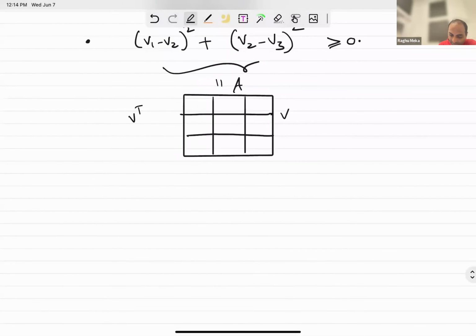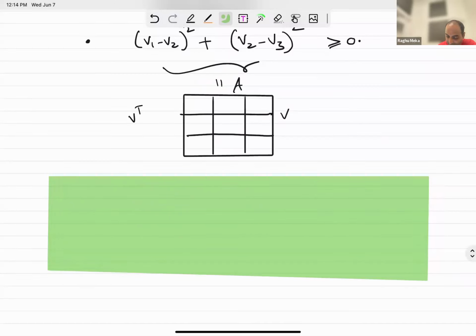In general, there is one category which I think is very important, and these are called Laplacian matrices.